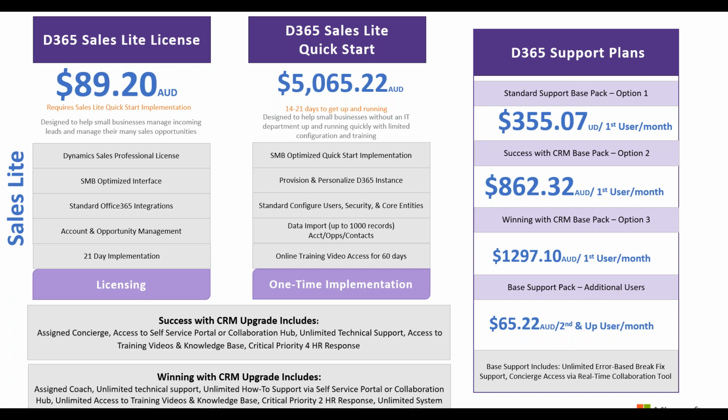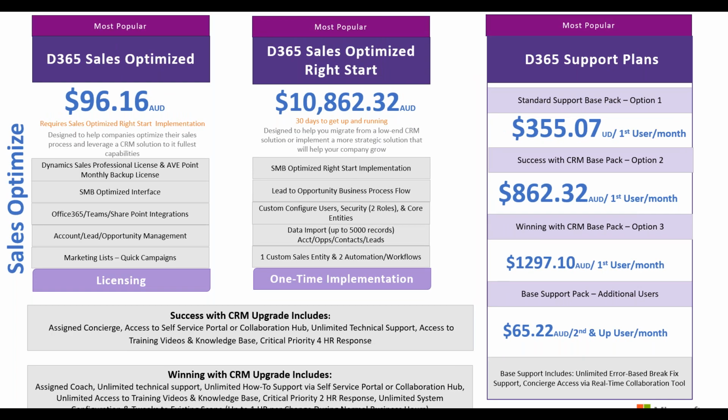And towards the right, you can even see the support plans that we have. We have options 1, 2, 3, and for additional users, option 1 is $355.07 for the first user. So that's from a support perspective. It's more or less similar for Sales Optimize.